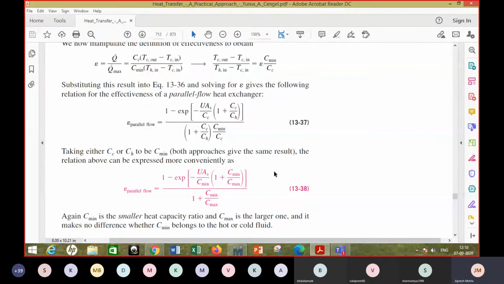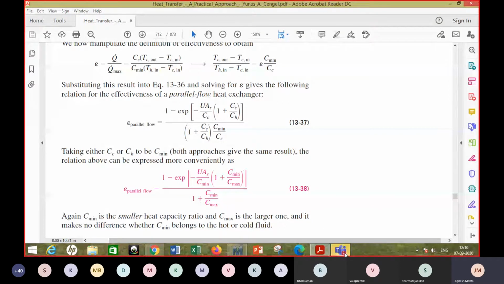That's nothing but CR, the heat capacity rate ratio. So this is the relation between the effectiveness, NTU and CR. This part, UAs upon C minimum, is NTU.